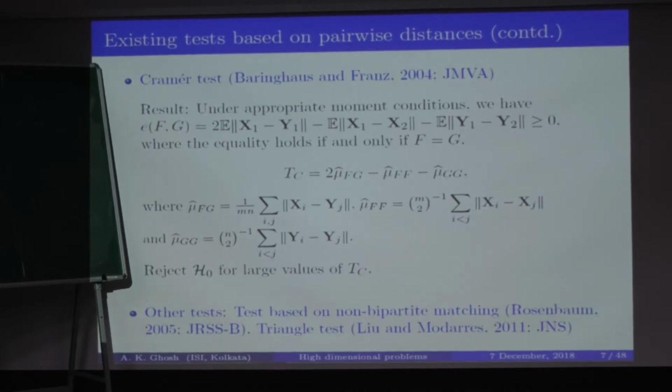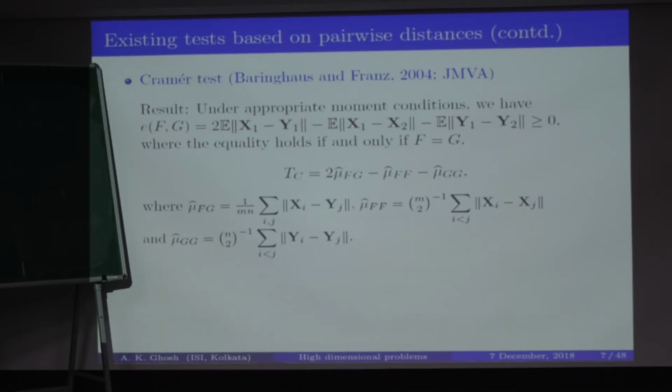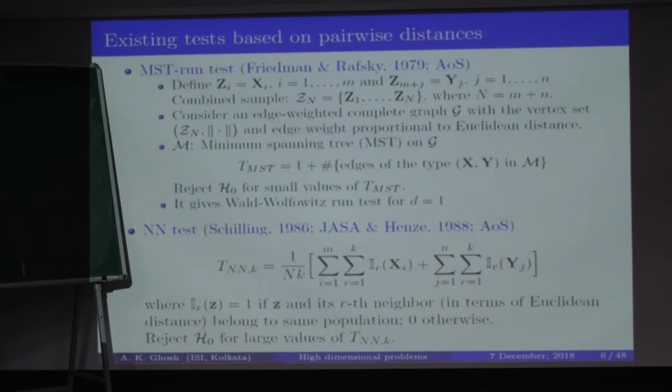Now let us look at their behavior in the high dimensional setup. Because all these tests were proposed, say for instance, Friedman developed this test in 1979, this was in 1988 or 86. So 30, 40 years back, when we didn't bother about high dimensional data.